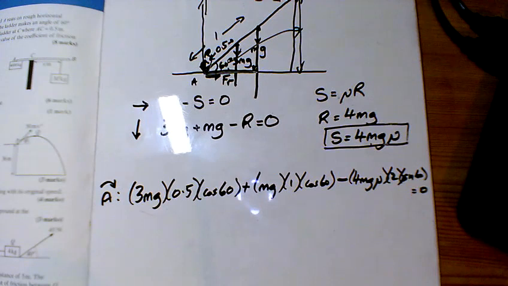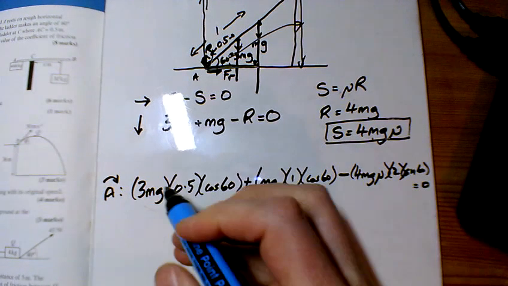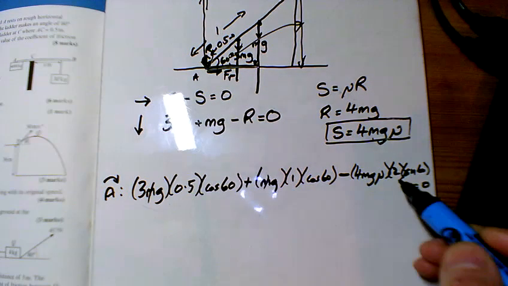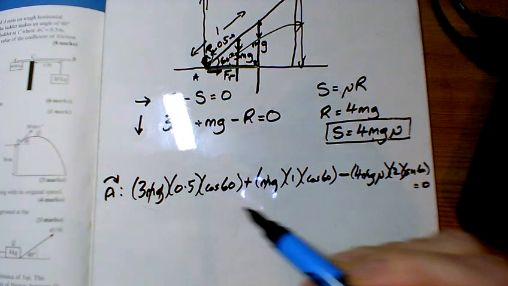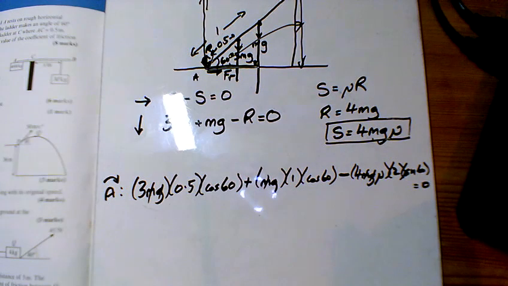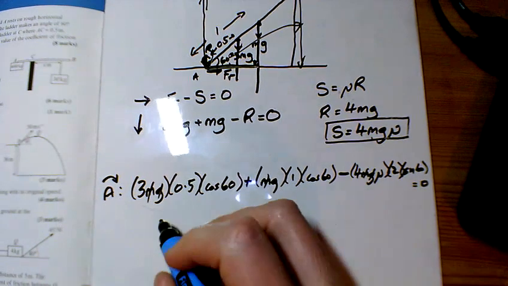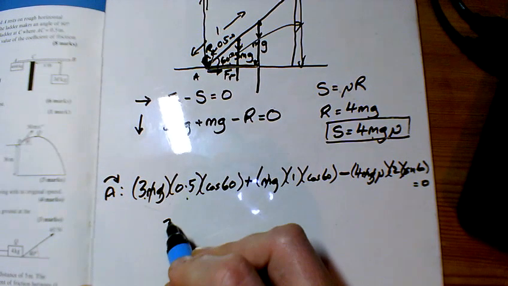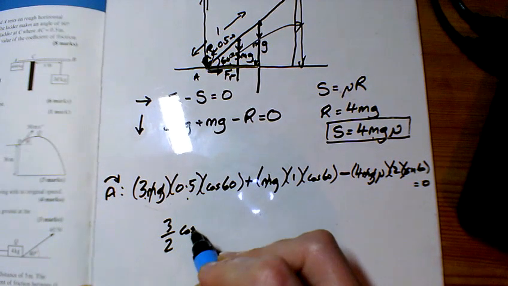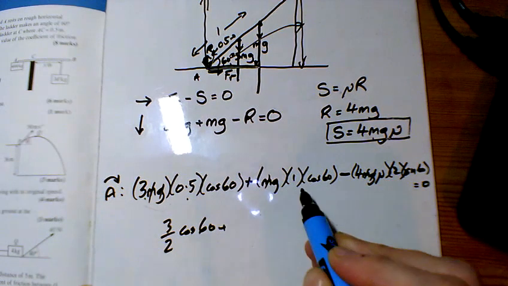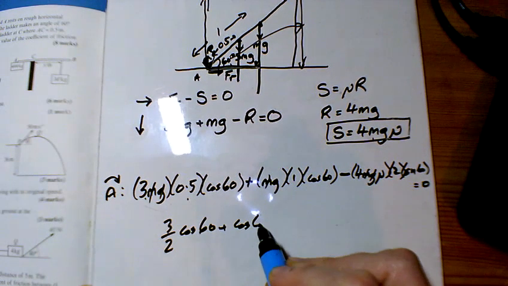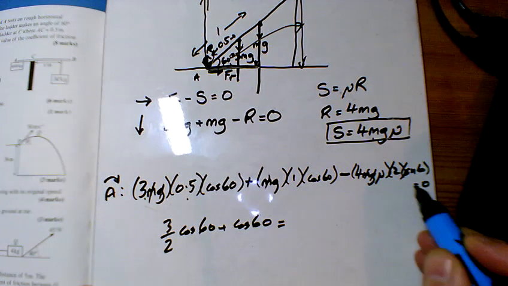Right, just got to do some tidying up then. What can we do? We can cancel the m's. All these m's can go. We can cancel the g's. All these g's can go. I can write it out nicely now then. So I've got 3 over 2 cos 60 plus, there's another cos 60 there, isn't there? Equals, let's add that to the other side.